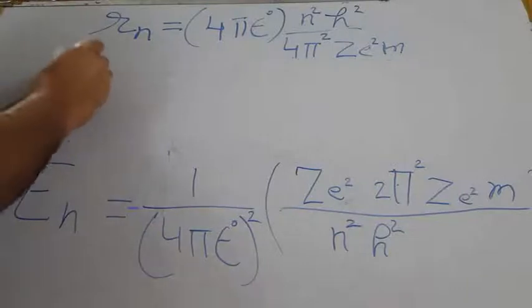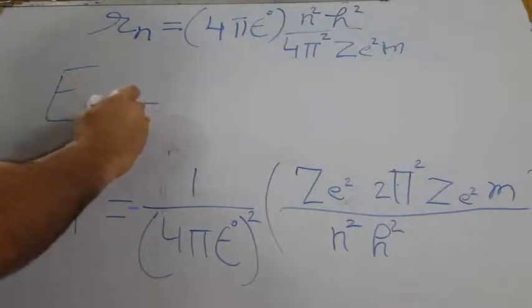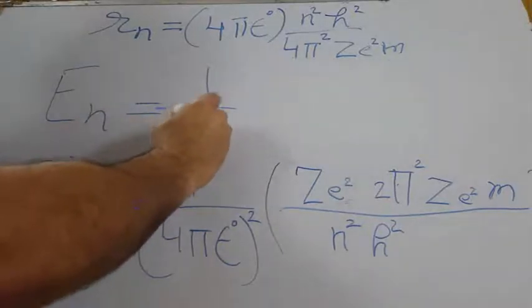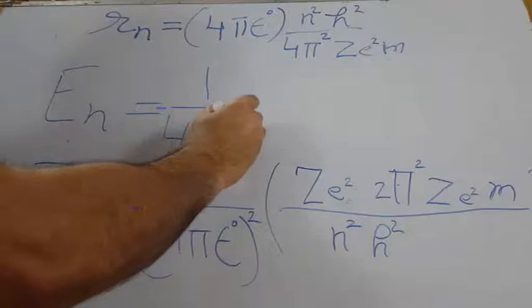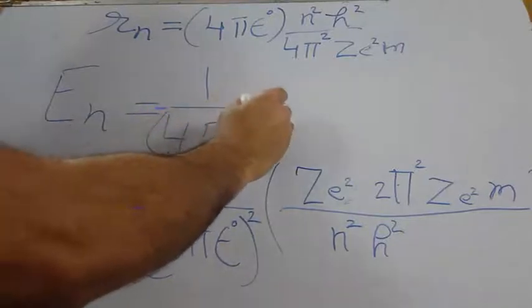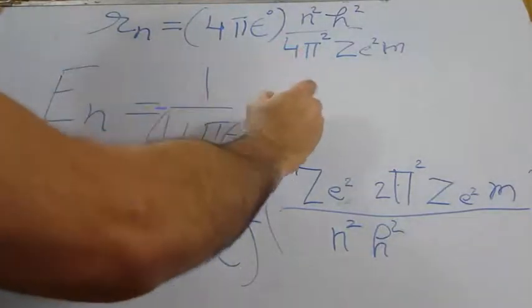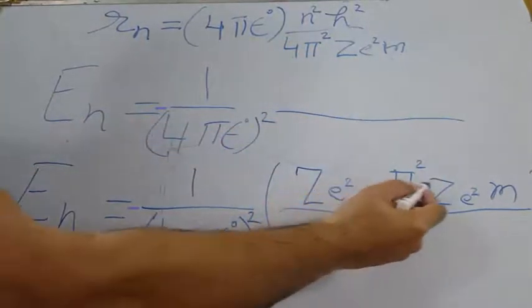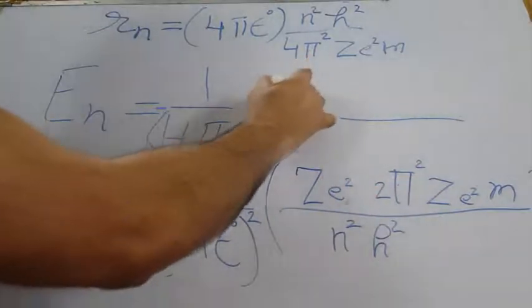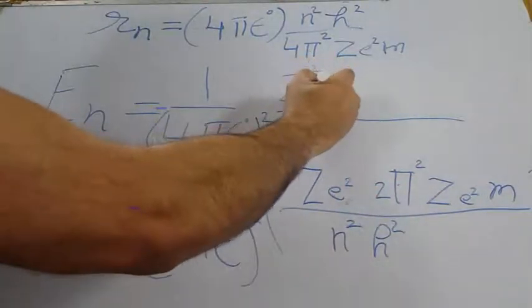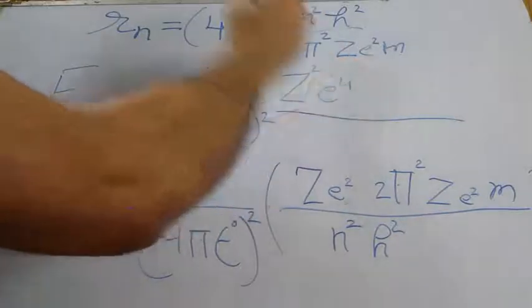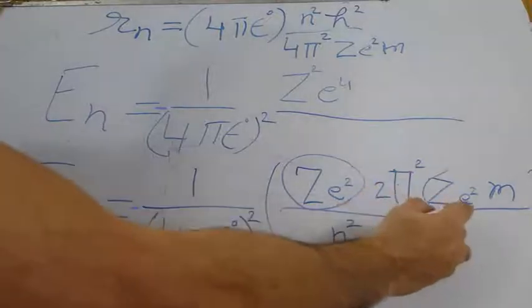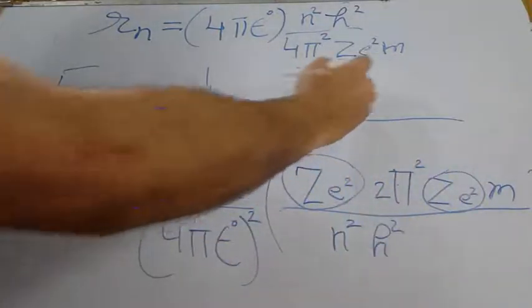Then it comes out to be En is equal to 1 upon 4 pi epsilon 0 whole square and Z square means Z square e 4 Z square Z square.